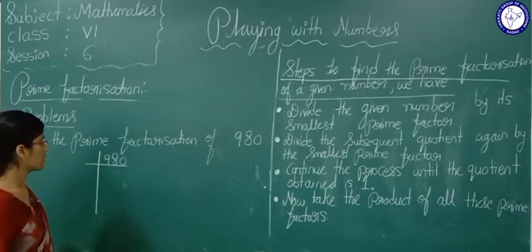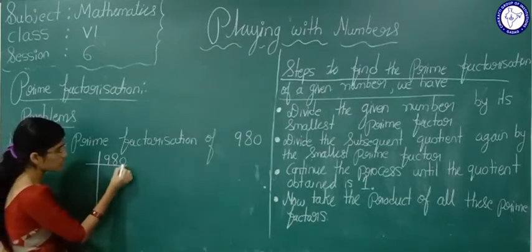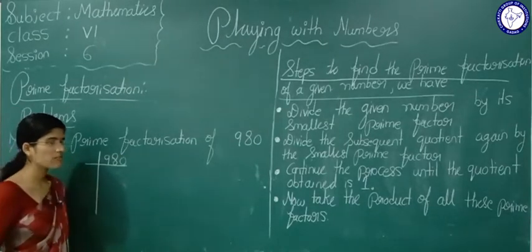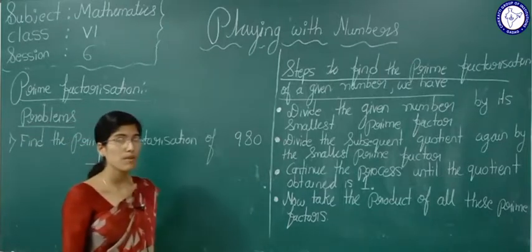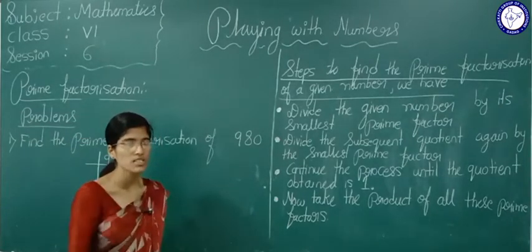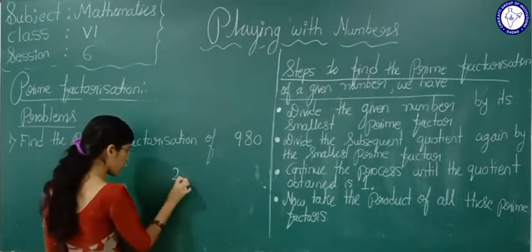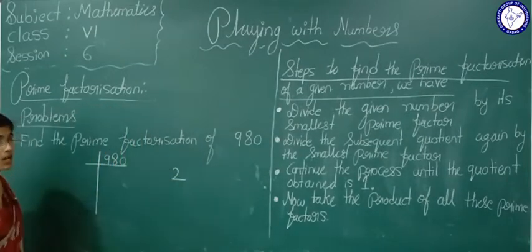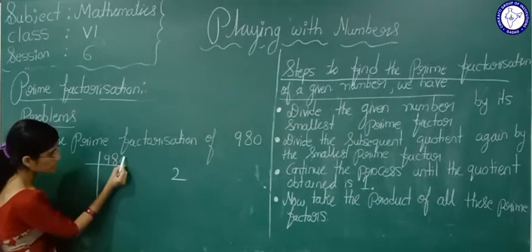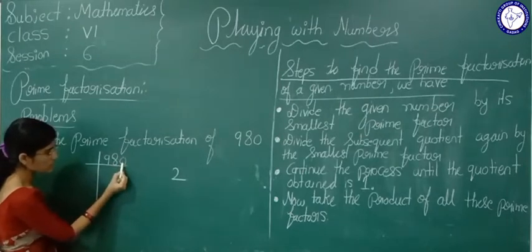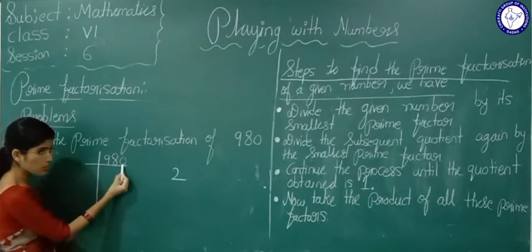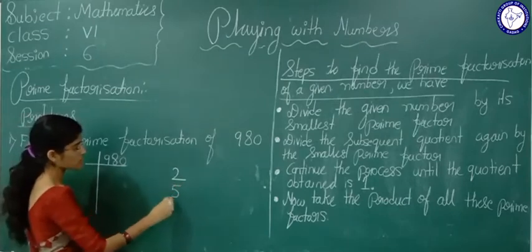Now see here, in the units place 0 is there, means definitely this number is divisible by 2. 2 is the smallest prime factor. Definitely this number is divisible by 2, also 5, also 10.